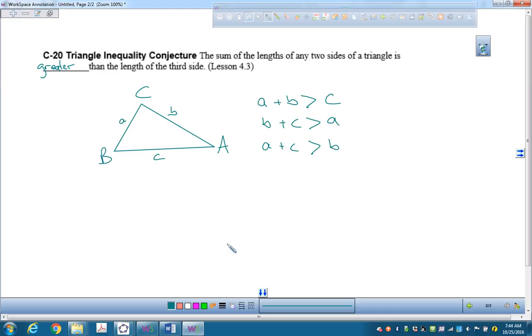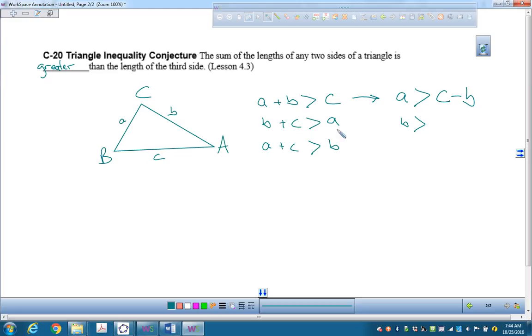Now watch. You can solve these inequalities for different variables. Some of you did this in algebra. If I subtract b from both sides, I get that a has got to be greater than c minus b.